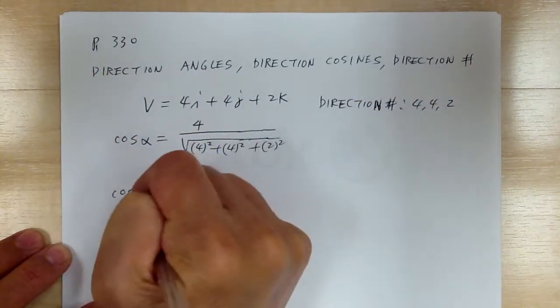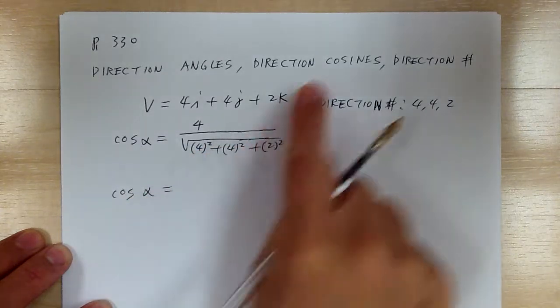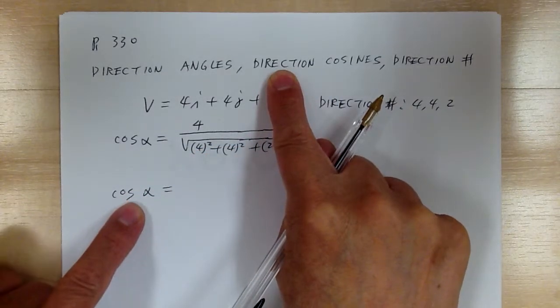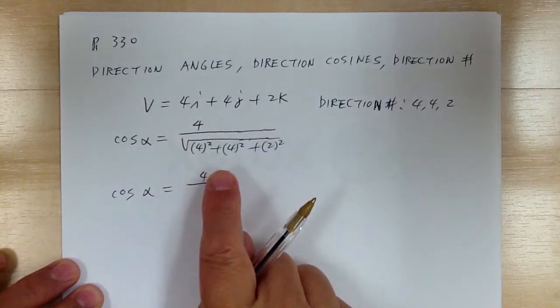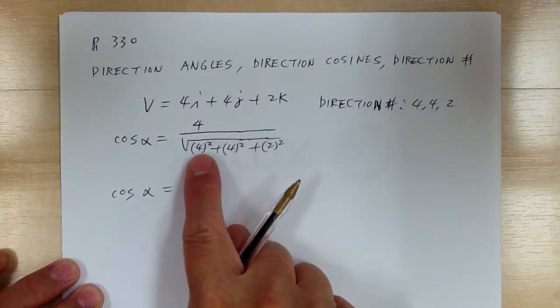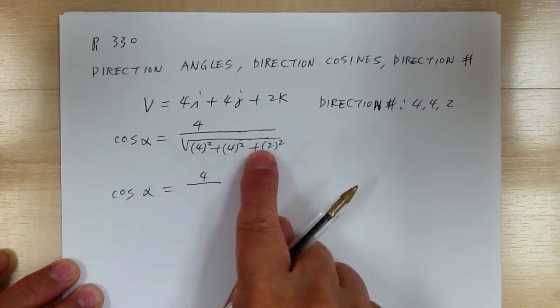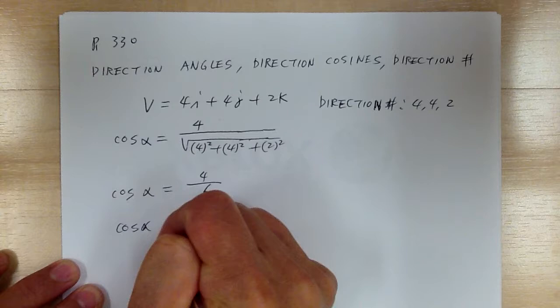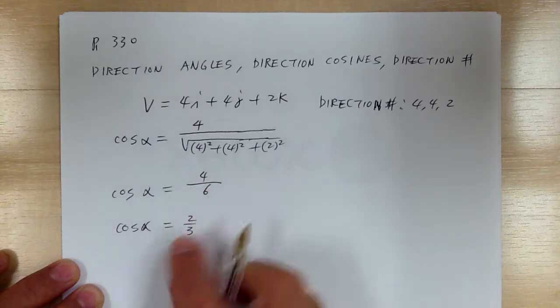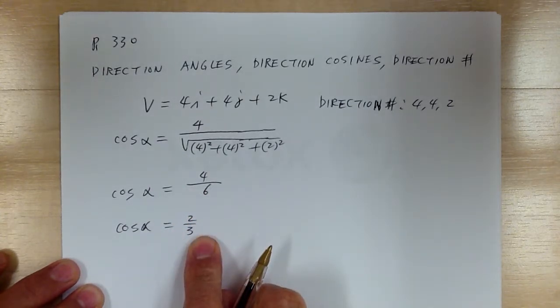This is a direction cosine. If you work it out, the square root is 6, and so cosine alpha is equal to 2/3.